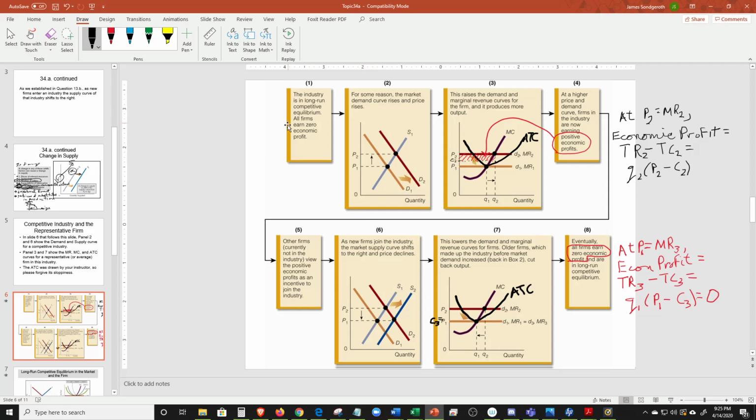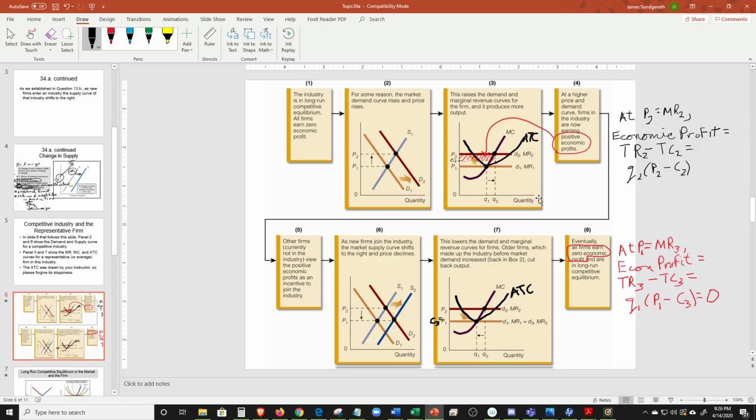So basically we're going to have it in long run equilibrium at D1, S1, and right here. And then for some reason the demand curve jumps up for this particular good. And of course, the price jumps, the firm makes profit. Other firms enter, shift the supply curve out. As the supply curve shifts out, the price drops, and the average firm is back producing the same quantity it had at the beginning.